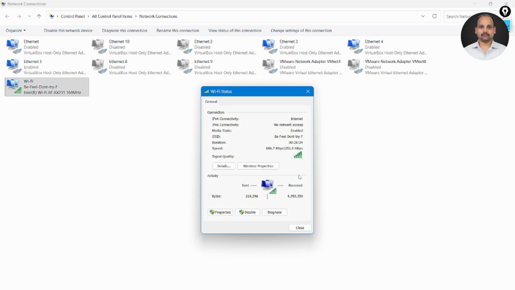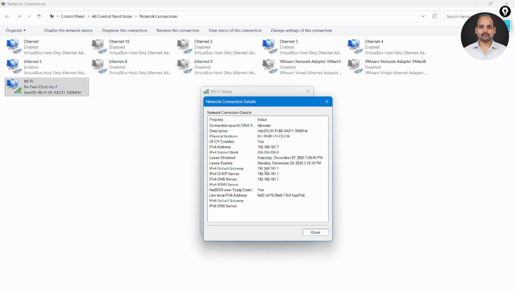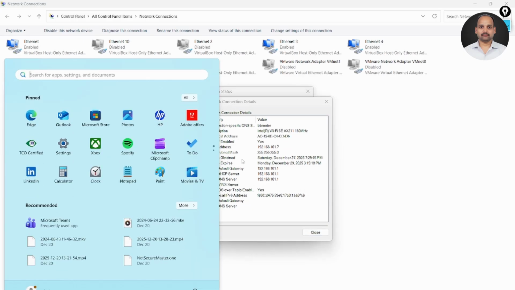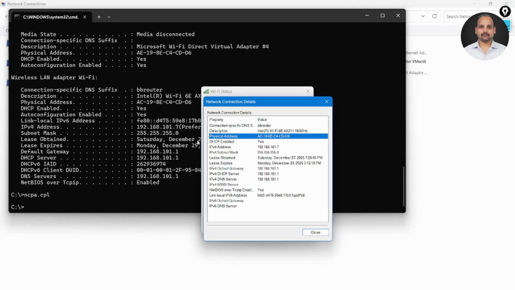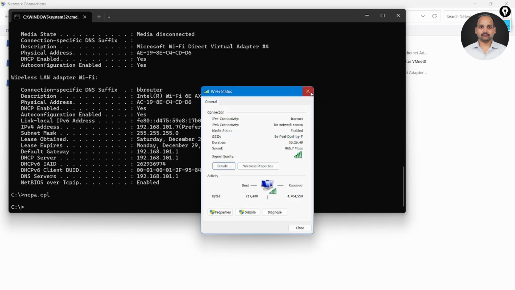If I go to the Wi-Fi interface and click on details, I can also see my MAC address here, the same as I checked in the network interface. So this is my MAC address: AC, A9, AT, C4, CD, D6.